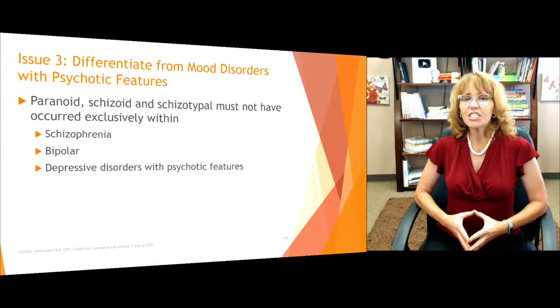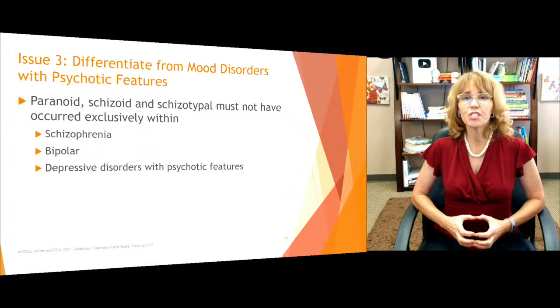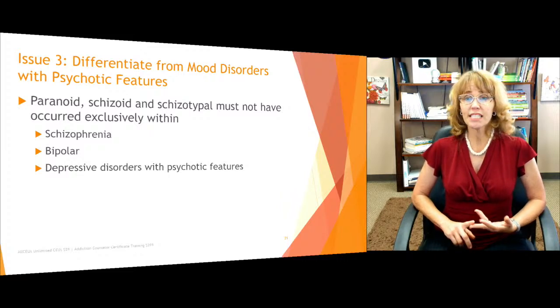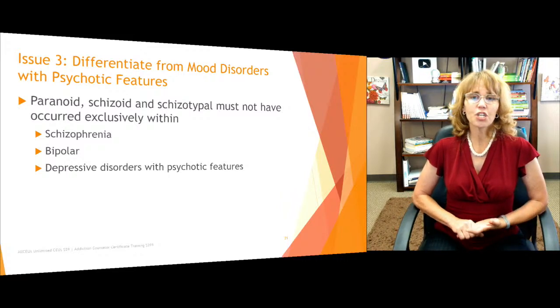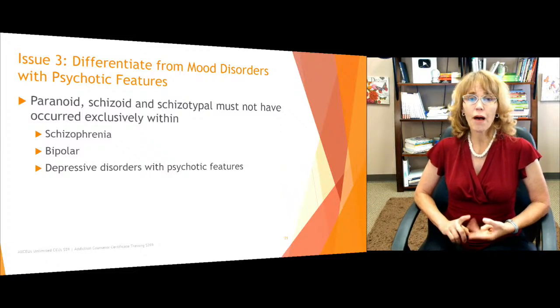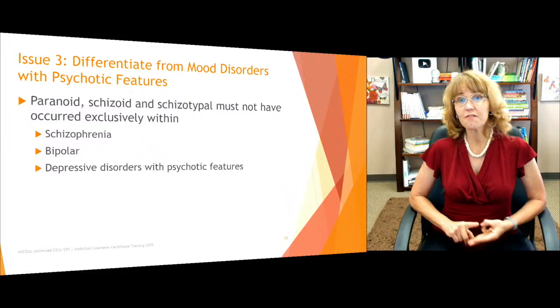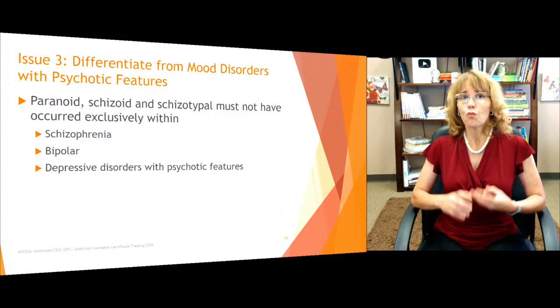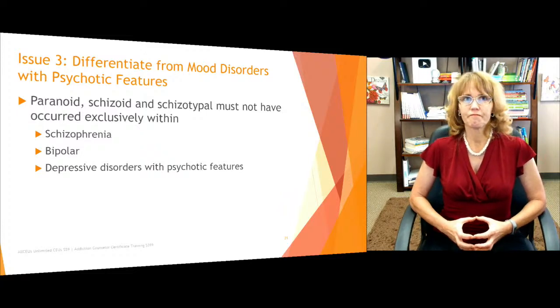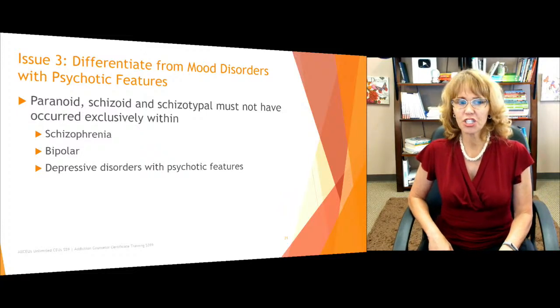We want to differentiate personality disorders from mood disorders with psychotic features. Paranoid, schizoid, and schizotypal must not have occurred exclusively within schizophrenia, bipolar disorder, or depressive disorders with psychotic features. We need to make sure that we're effectively differentially diagnosing.